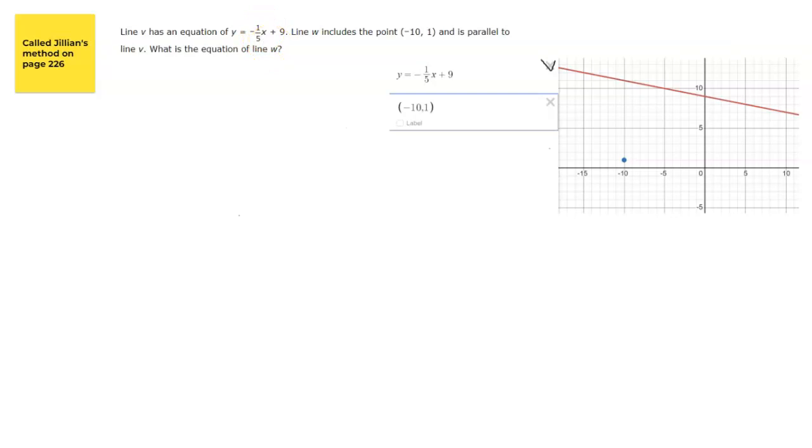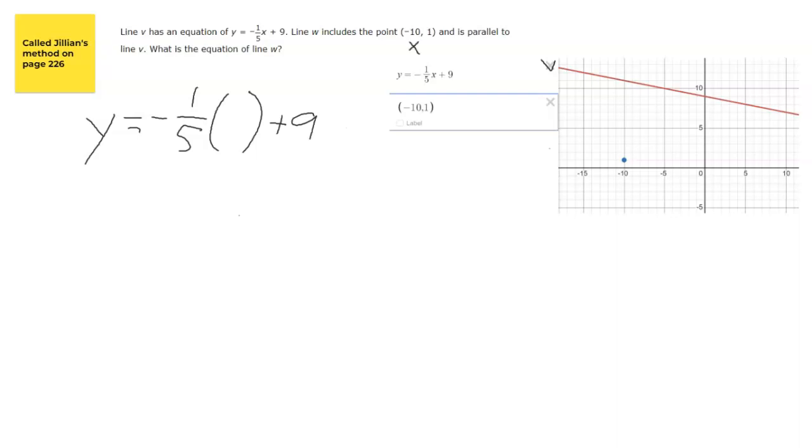So we're going to write our equation y equals -1/5. And then instead of x, we're going to put that -10, and then here's the rest of our equation, plus 9. And see how it's the same as here? But we're going to plug this x in, because this is our x value.